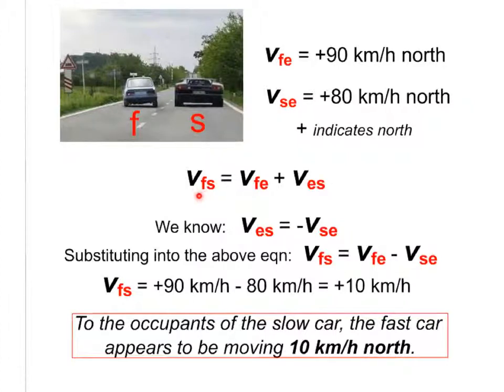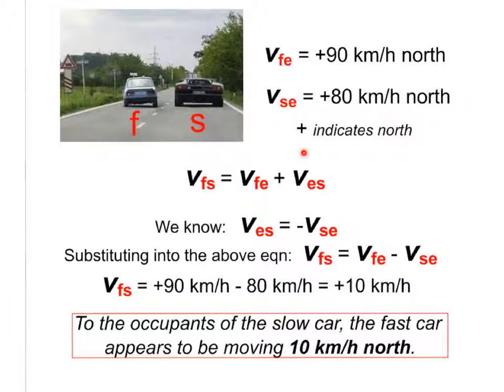So we get the fast car with respect to the slow car. How do we do that? We can find the velocity of the fast car with respect to Earth. We could find the velocity of Earth with respect to the slow car. Wow, that seems strange, doesn't it? How are we going to do that?